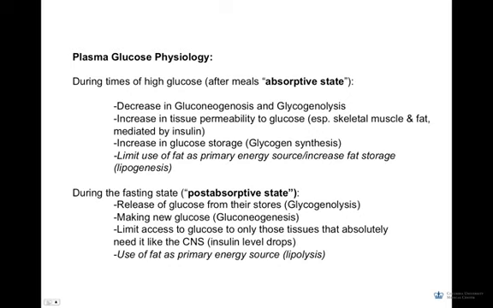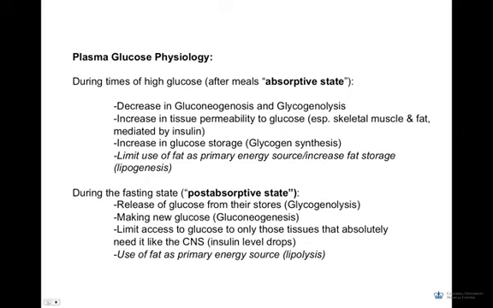And also, these tissue types are going to start to limit the use of fat as a primary energy source and increase fat storage. So as the glucose gets taken up by adipose tissue, by the liver, it starts to be converted into fat and stored, okay? And we call that lipogenesis.